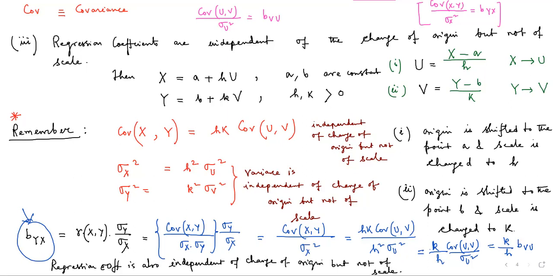Regression coefficient is also independent of change of origin, but not of scale. So this is another important result that is very important for our purpose. Questions can be asked from there.